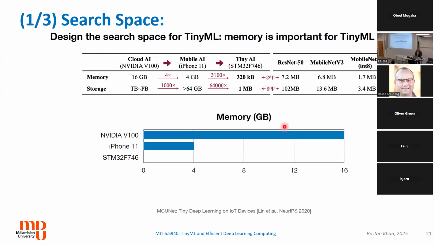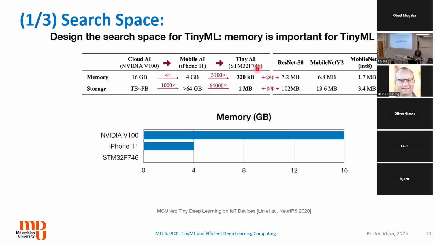As you see, if we talk about cloud AI, we have these really large GPUs that at that time had 16 GB, but now it could go from 80 GB and even above that. Then we have mobile AI, where the memory could be 4 GB and the storage could be 64 GB.